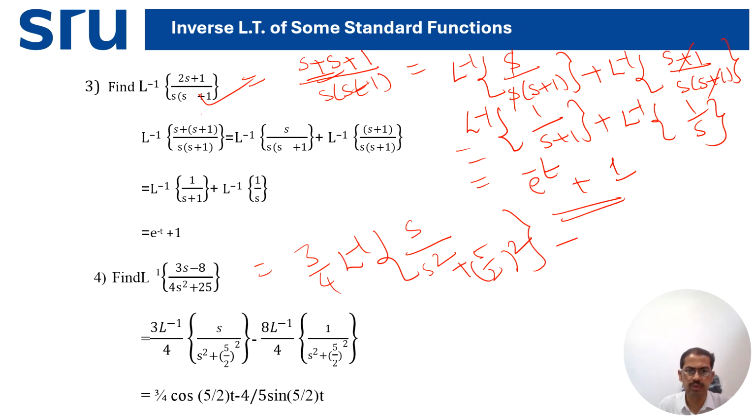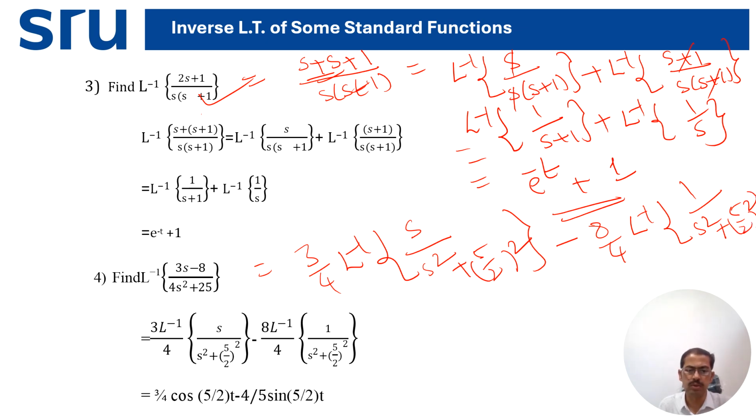Similarly for the second one, 8 by 4 times the inverse Laplace transform of 1 by s square plus (5 by 2) whole square.